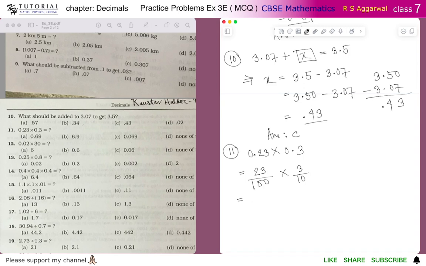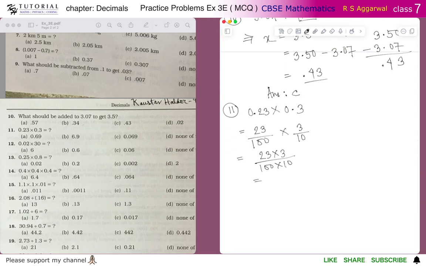So now this is a multiplication of two fractions, and what do we do? We multiply the numerators and the denominators. So this becomes 23 into 3 by 100 into 10, which is 69 by 1000.